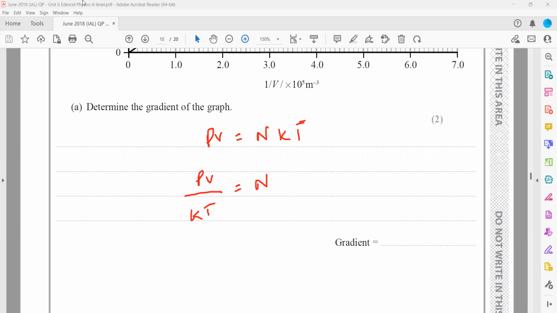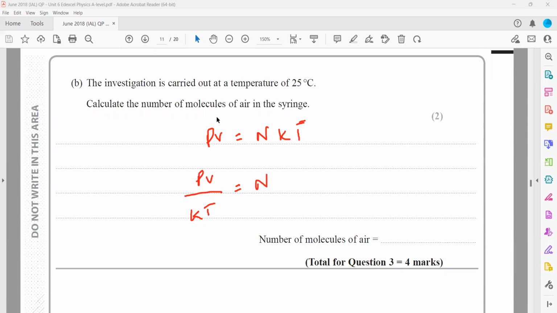This is for part B. So PV equals NkT, or if we want the number of molecules, it is PV divided by kT.